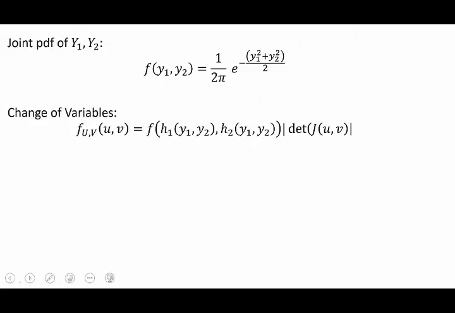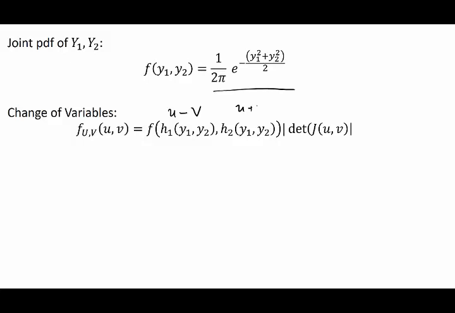So on the first slide, we wrote out the joint PDF of y1 and y2 by multiplying those two independent standard normal PDFs, and I'll encourage you again to go back and review that if this formula doesn't make sense. And at that point, it's just plug and chug. The first component of the inverse transformation, h1 of u and v, was just u minus v.